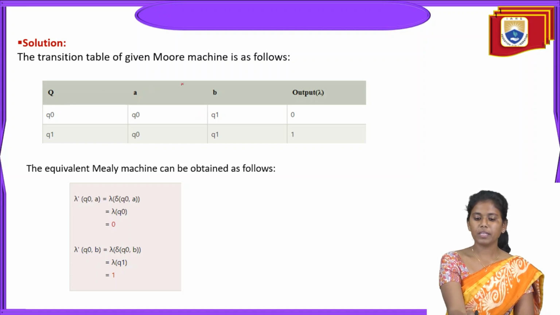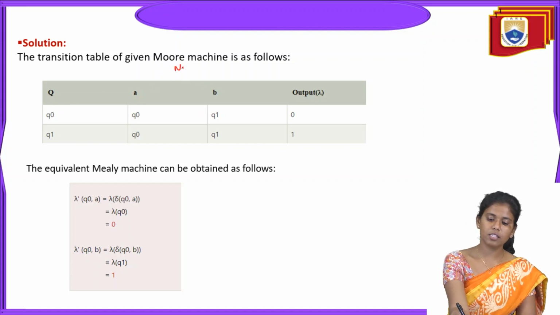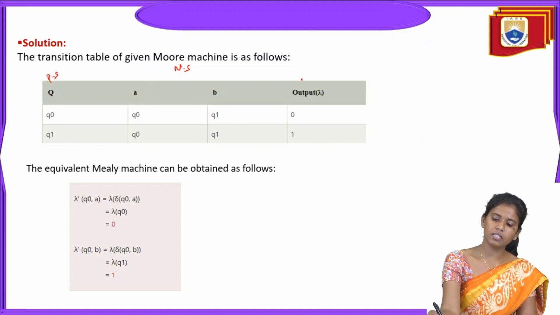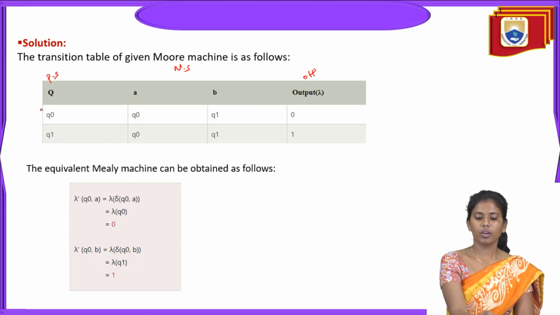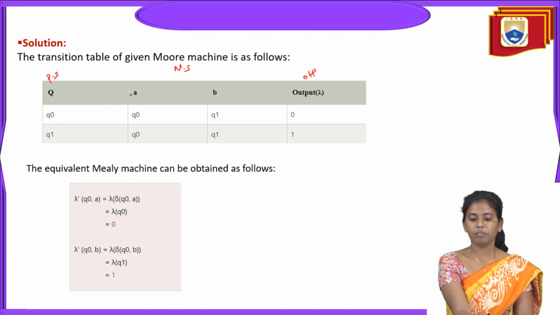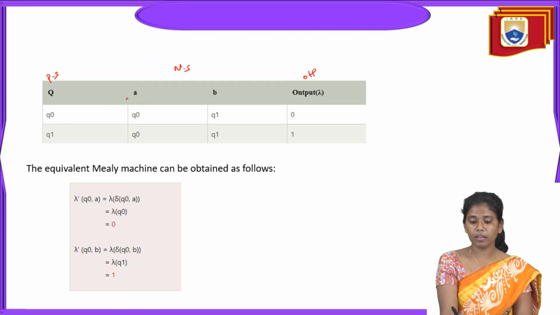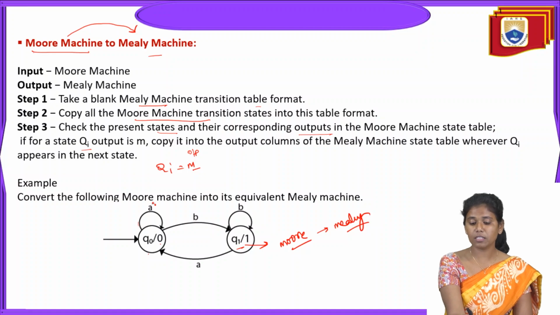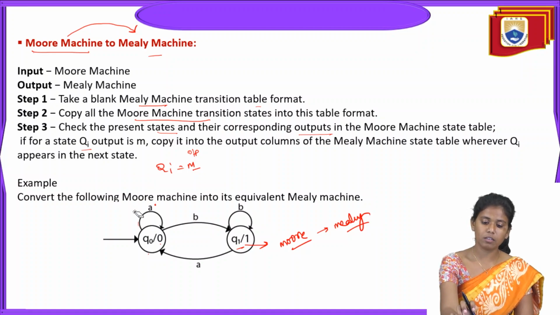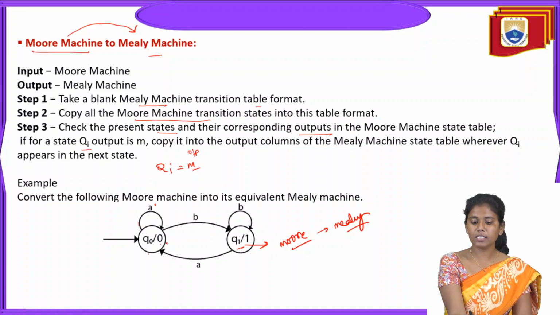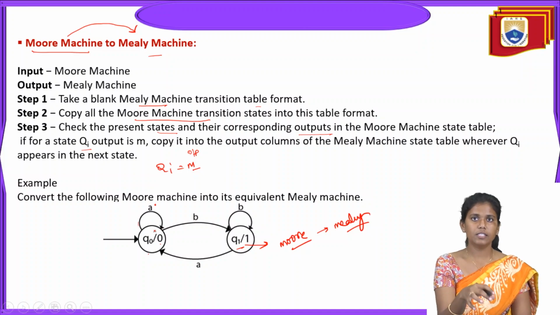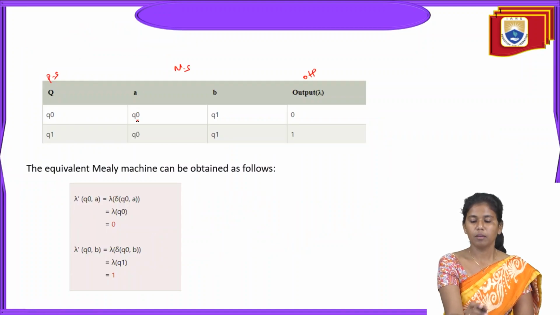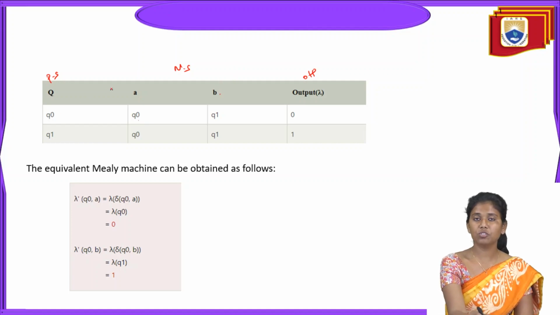This is the present state, this is the next state, and this is the output. When Q0 is the present state and the input is A, it stays in the same state, Q0. But when the input is B, we see the transition from Q0 to Q1.